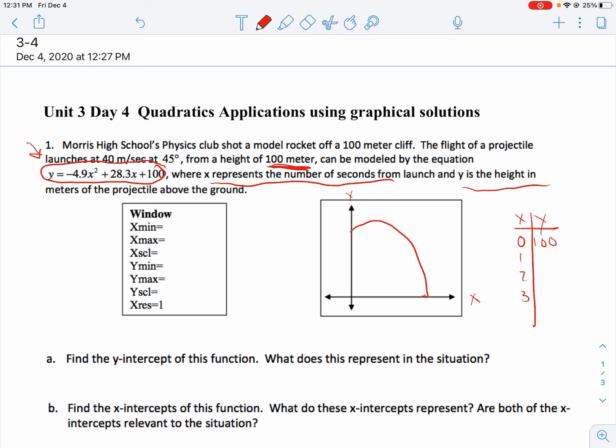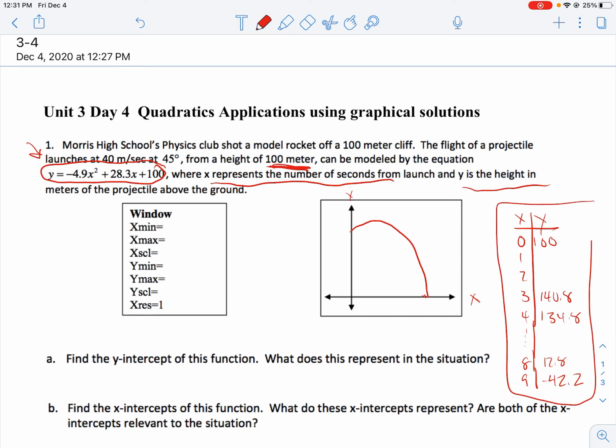At 3 we reach 140.8, and then after that it starts to go back down, 134.8, all the way till, if you notice, between 8 and 9, at 8, we got 12.8, and at 9, we're at negative 42.2. So this is where we want to keep our domain and range.